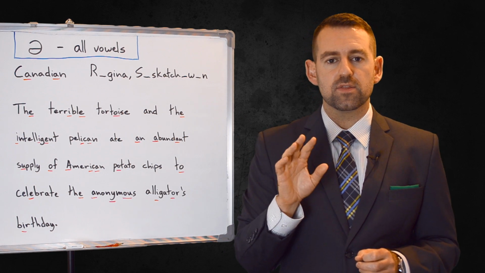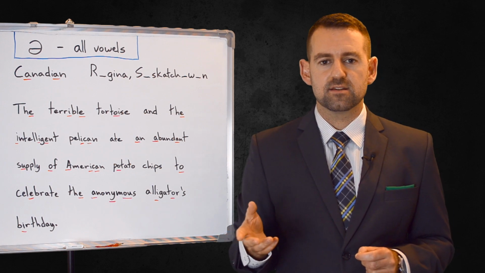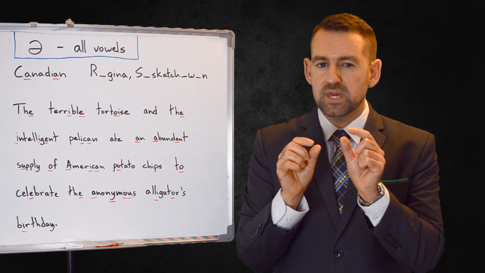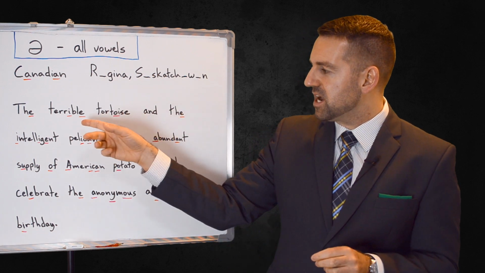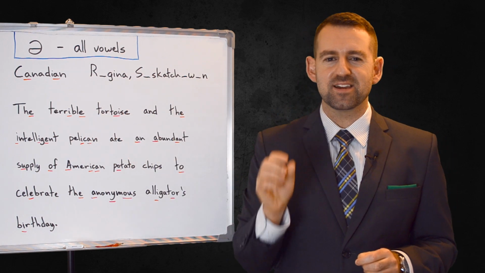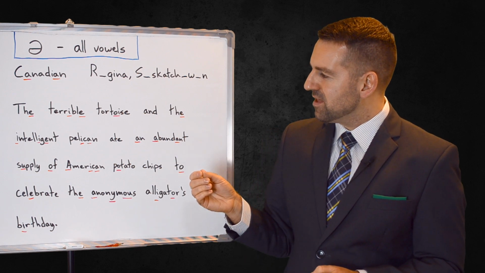That's called a blend. Like the word blanket. There's no space between the B and the L. But here, terrible, you can hear there's a small sound in between the B and the L.